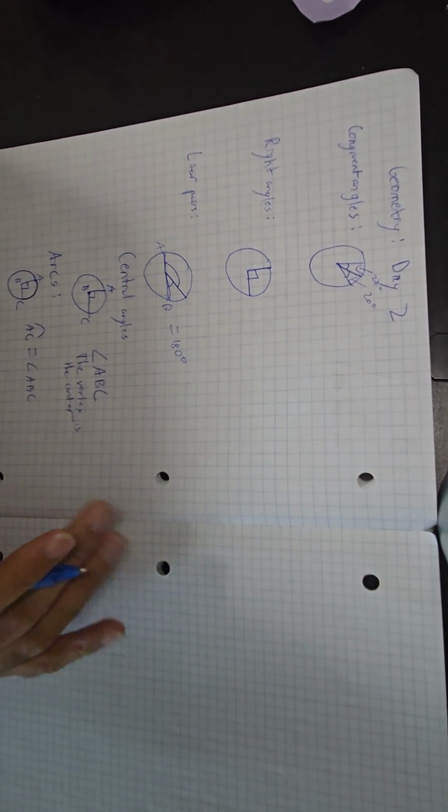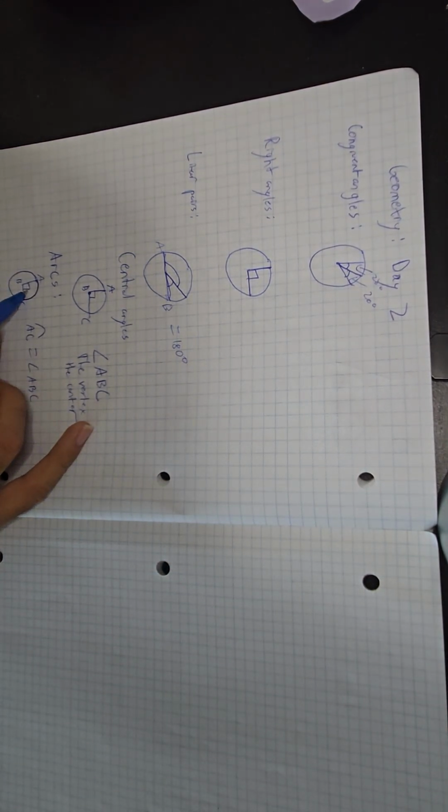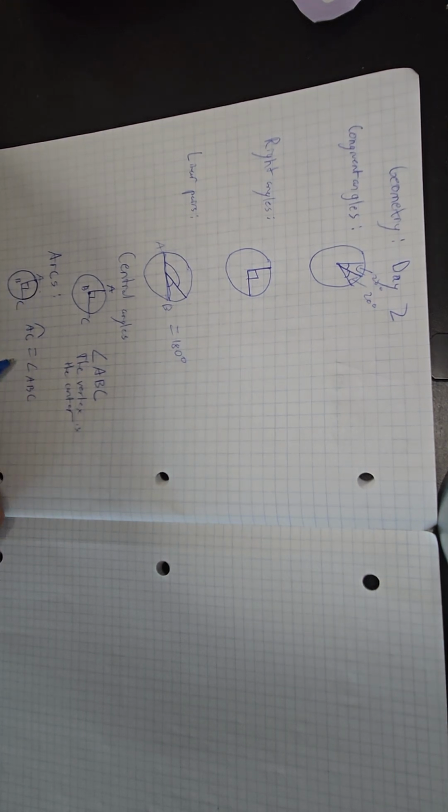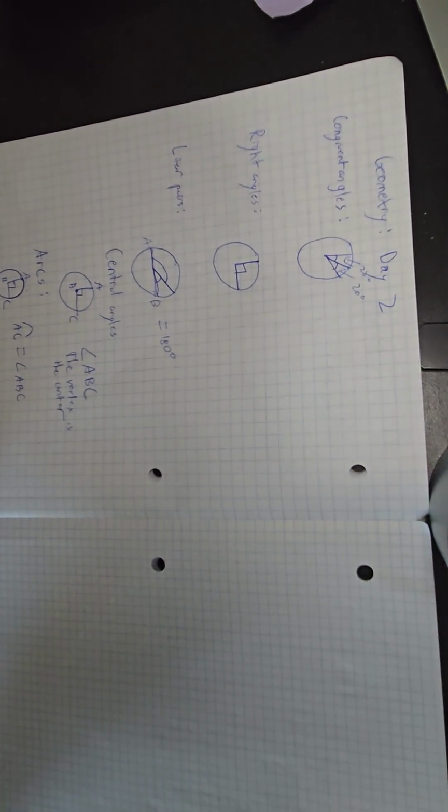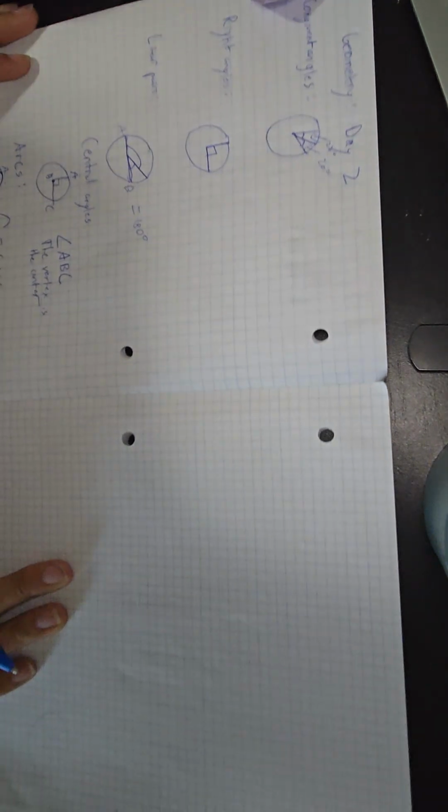The reason for this is because it's a central angle, so the arc will always be equal to the angle if it's a central angle. So the value will be the same. I hope you can see that.